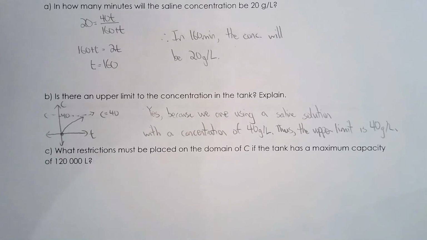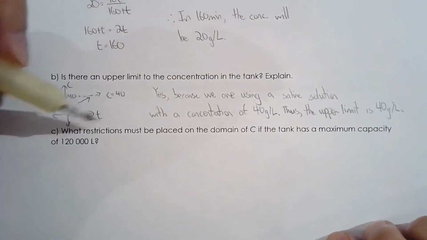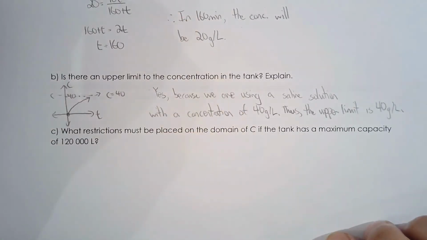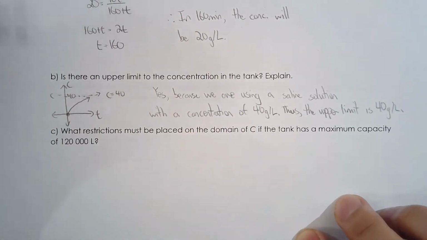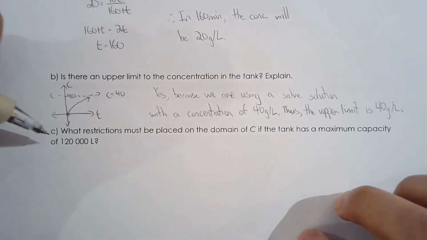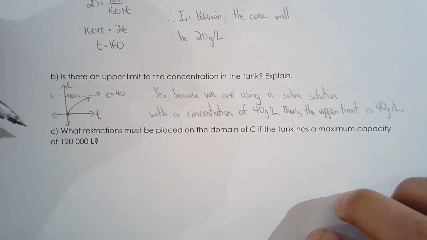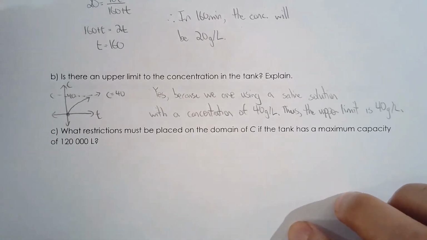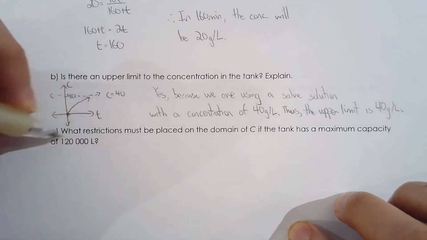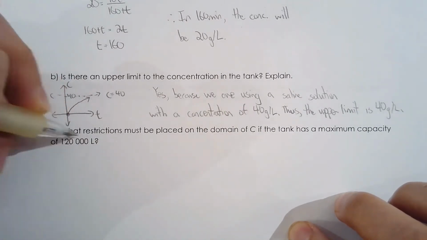Okay, so let's see, for part C, what restrictions must be placed on the domain of C if the tank has a maximum capacity of 120,000 liters? That means you must stop filling the tank at some point in time because it only holds a maximum of 120,000 liters. So we're going to solve for the time it takes to fill this entire tank.